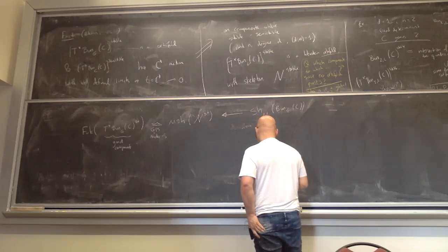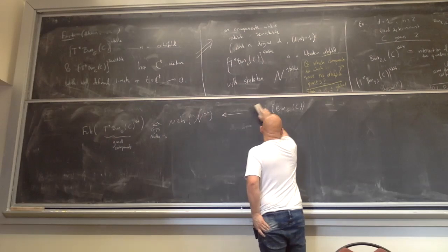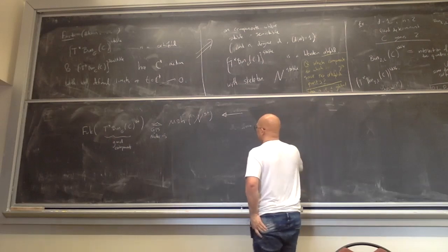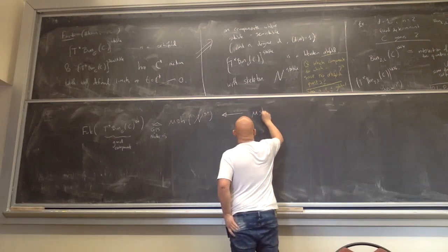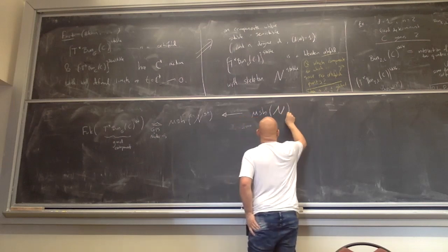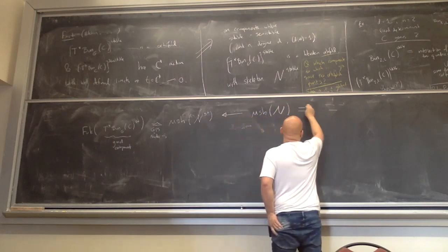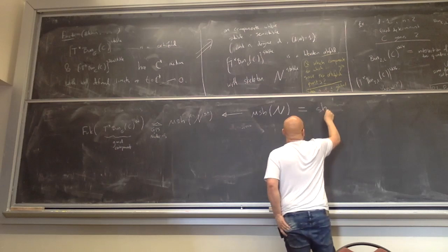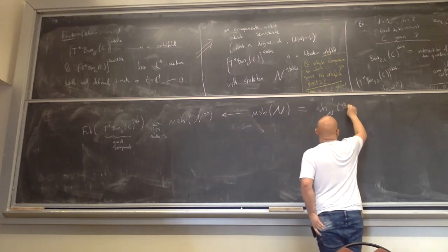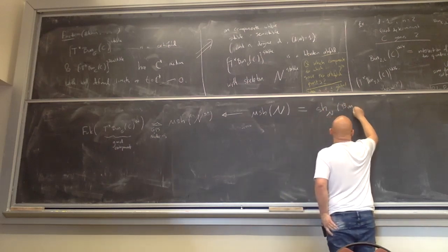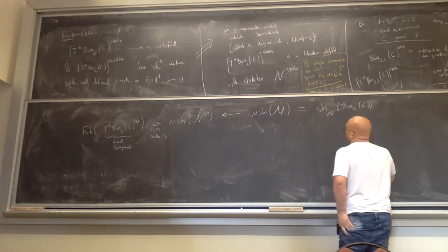Maybe it's better if I say that there's a map from microsheaves on all of N, and this is just equal to sheaves on Bun_G C.